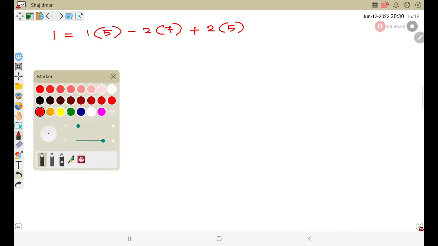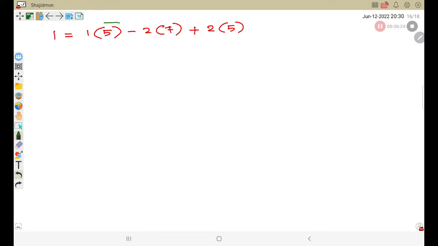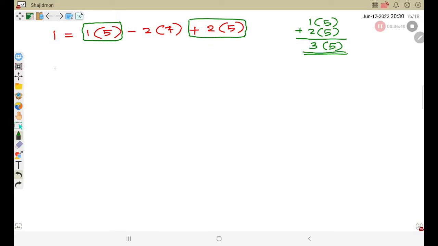Now we need to add the same terms. What are the same terms? Here 1 multiply 5 is there, here plus 2 multiply 5 is there, correct? 1 multiply 5 plus 2 multiply 5, how much will it be? 5 we are writing the same, 1 plus 2, that is 3 multiply 5. So 1 equals 3 multiply 5 minus 2 multiply 7.